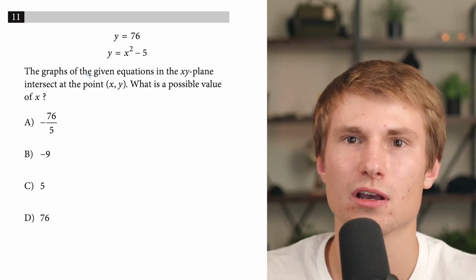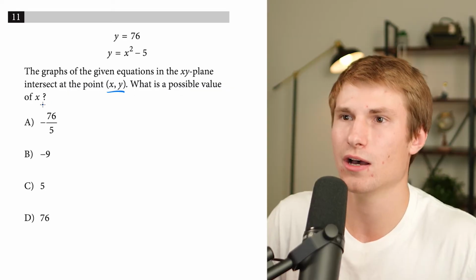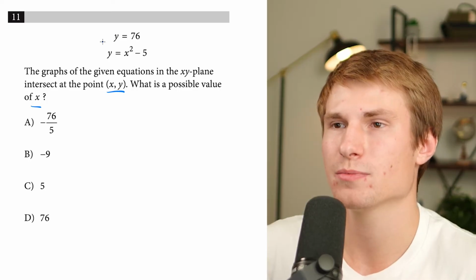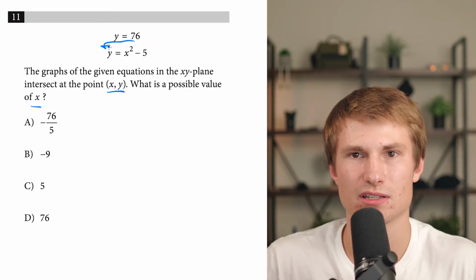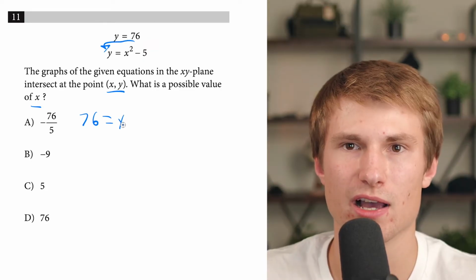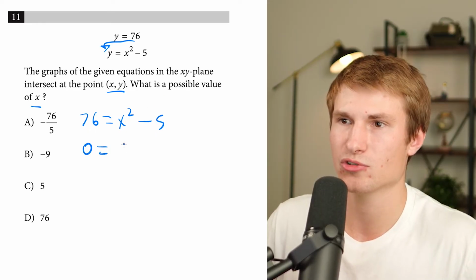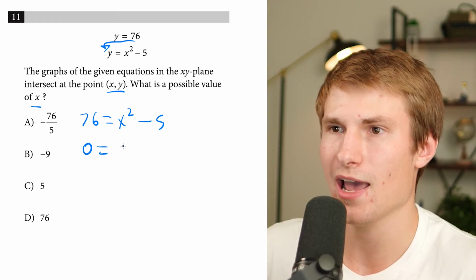Here's question 11. The graphs of the given equations in the xy-plane intersect at the point (x, y). What is a possible value of x? All right, well, let's find where they intersect. In this case, we have stacked equations, but we're not really looking to add or subtract. We're looking for substitution in this case. Let's go ahead and plug in that 76 for y. We're going to end up with 76 is equal to x squared minus 5. We need a possible value of x. Let's go ahead and add 5 to both sides.